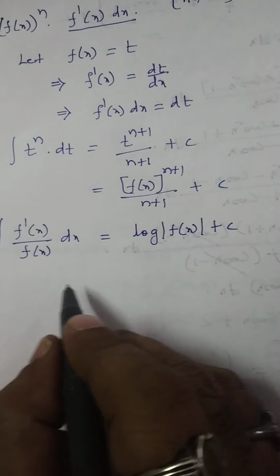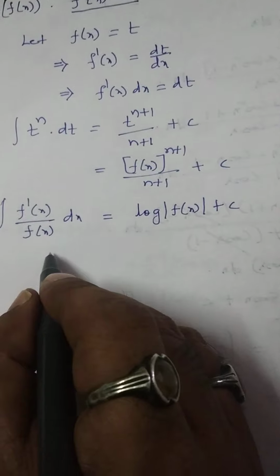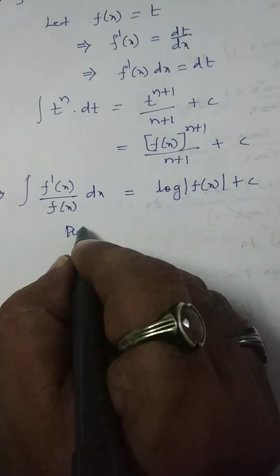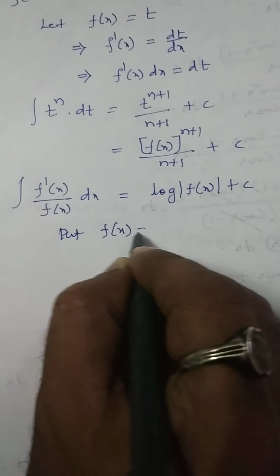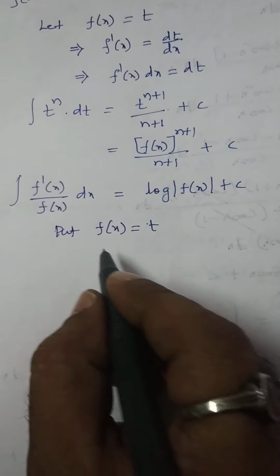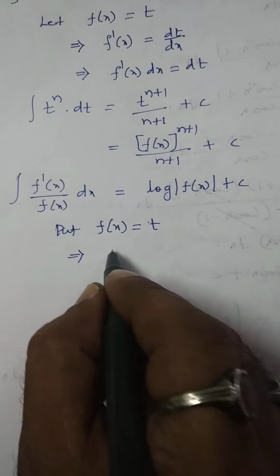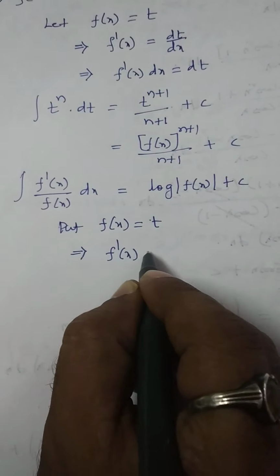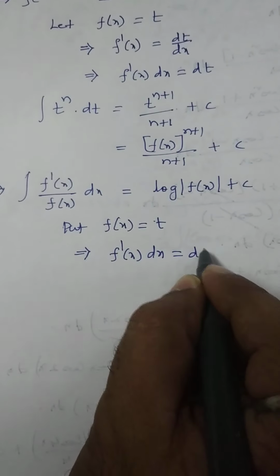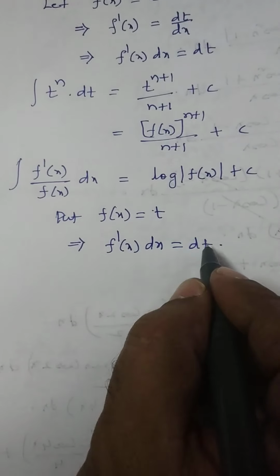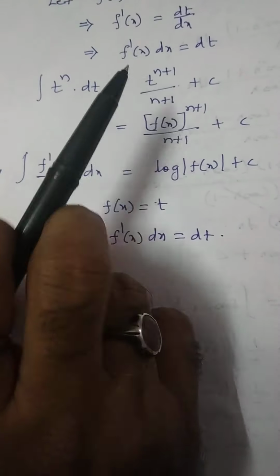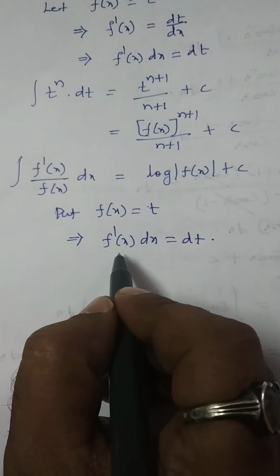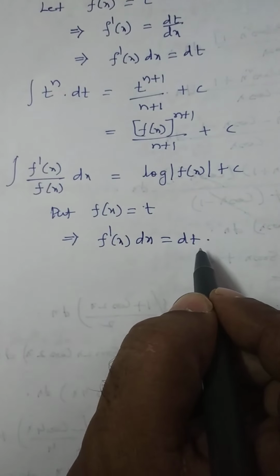How are we getting this? Here also simply put f of x is equal to t. So if f of x is equal to t, we get f dash of x dx is equal to dt. I am not writing dt by dx again, directly f dash of x dx is equal to dt here.